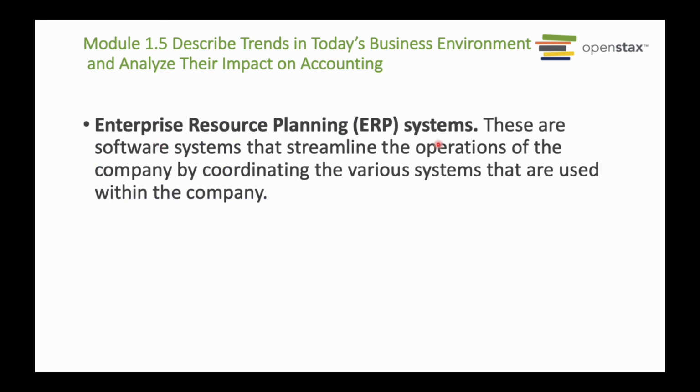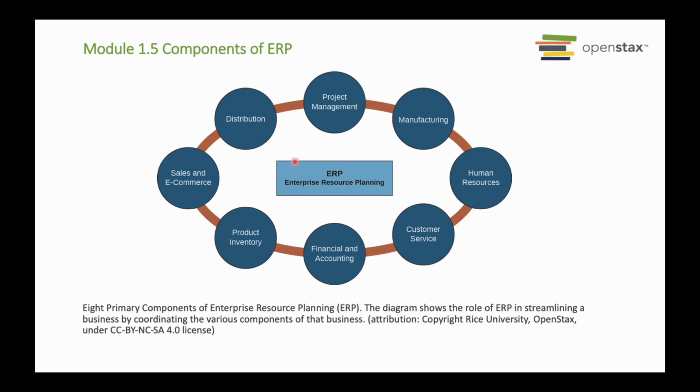Enterprise resource planning systems, these are software systems that streamline the operations of the company by coordinating the various systems that are used within the company. This diagram represents an enterprise resource planning system that has 8 different components.